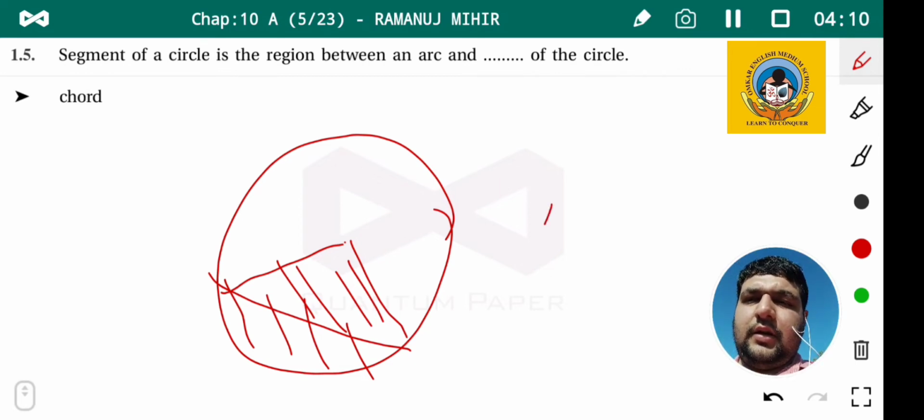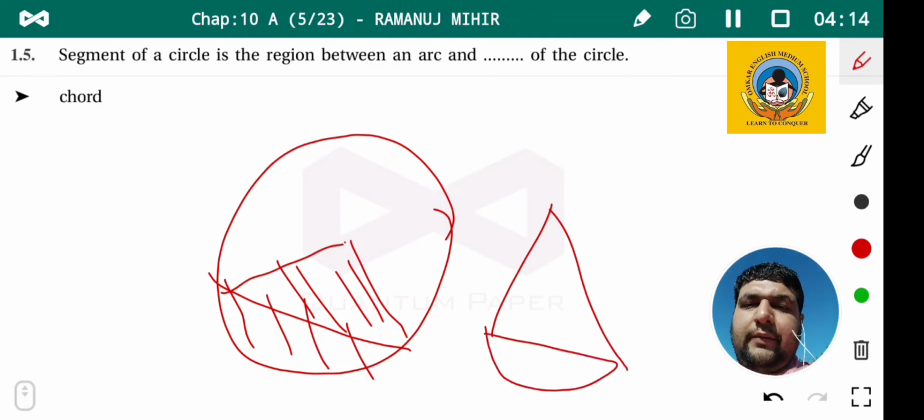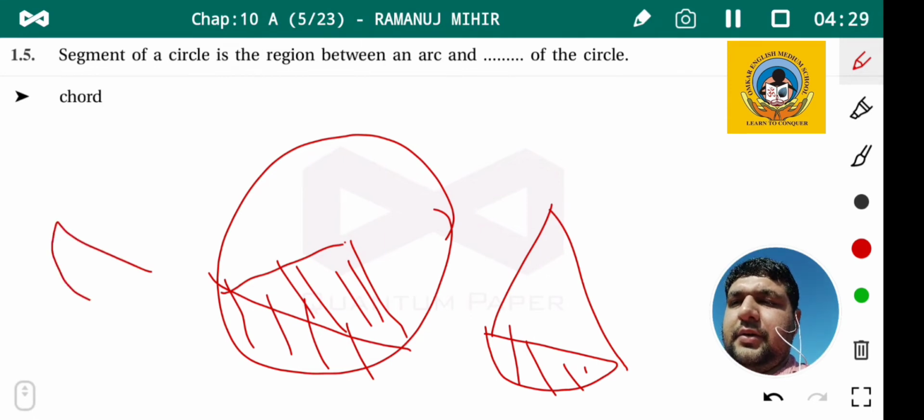If you have a shape like a pizza piece, it will be a sector, and if you remove this triangle from the sector, it will become a segment. So what is a segment? A segment is the region between an arc and a chord. You can see from the figure.